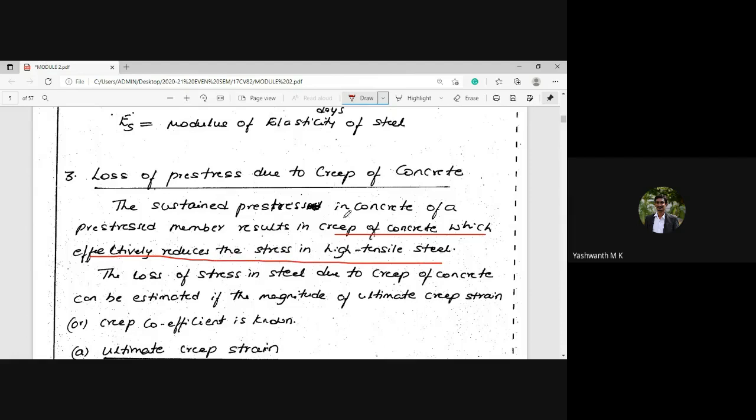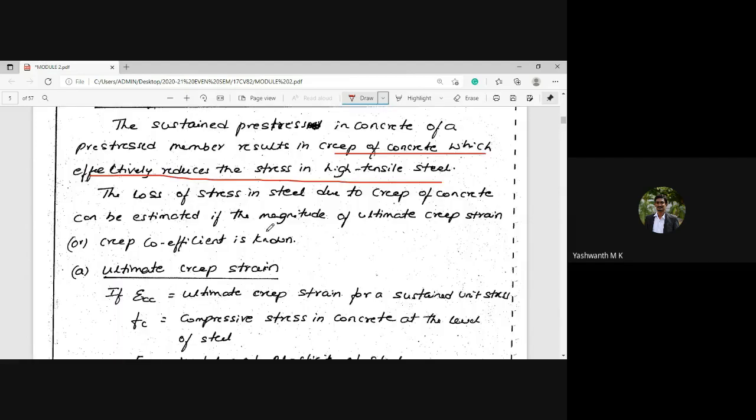Whatever stress was there in the high tensile steel initially will undergo gradual reduction because of the creep of concrete. The loss of stress in steel due to creep of concrete can be estimated the same way as shrinkage if the magnitude of ultimate creep strain and creep coefficient is known.